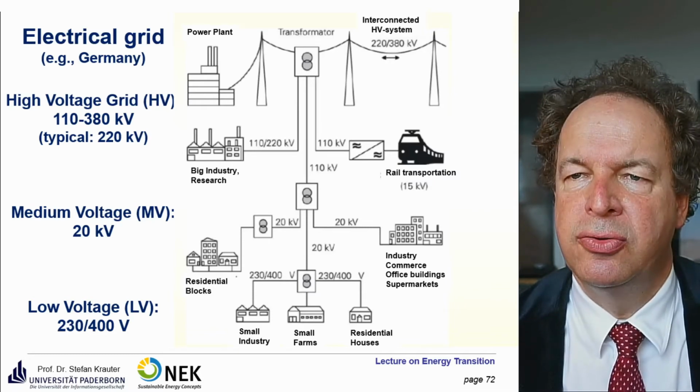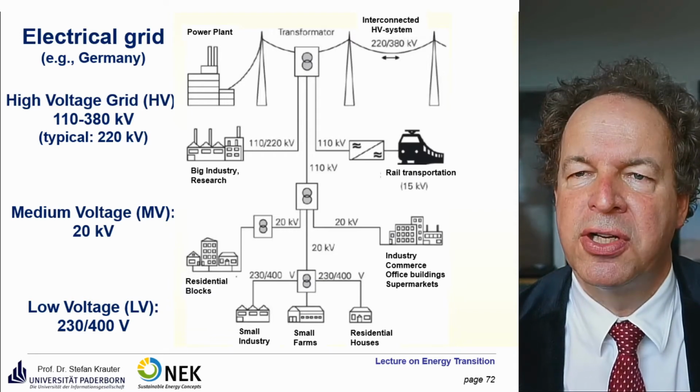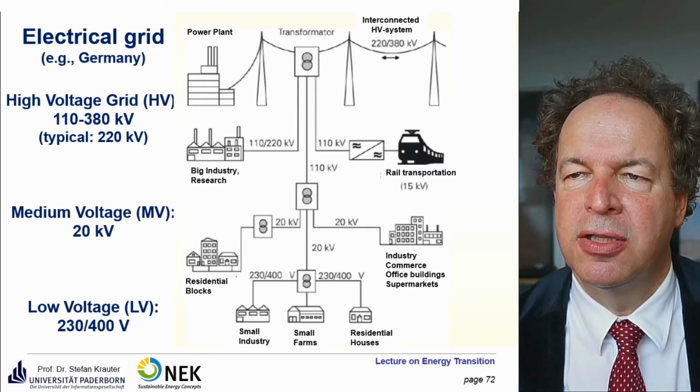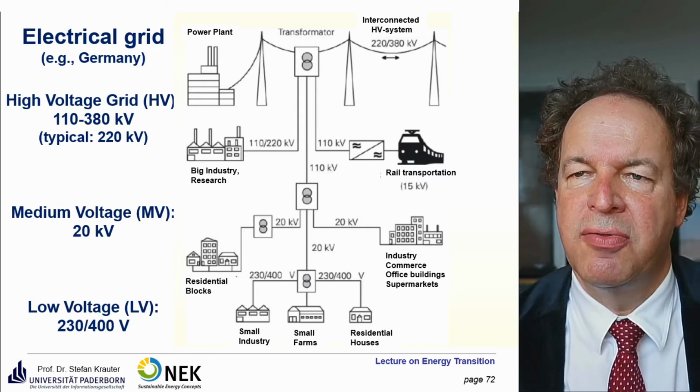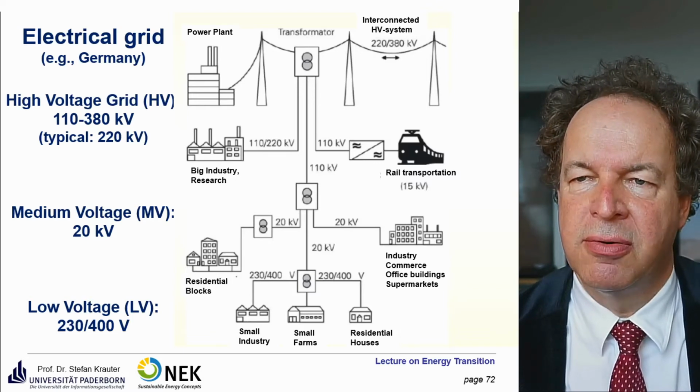Then we come to medium voltage. For example, our university is connected to the medium voltage grid, which is nominally 20 kilovolts, but some smaller cities have different voltages, for example 8, 6 or 10 kilovolts and so on.